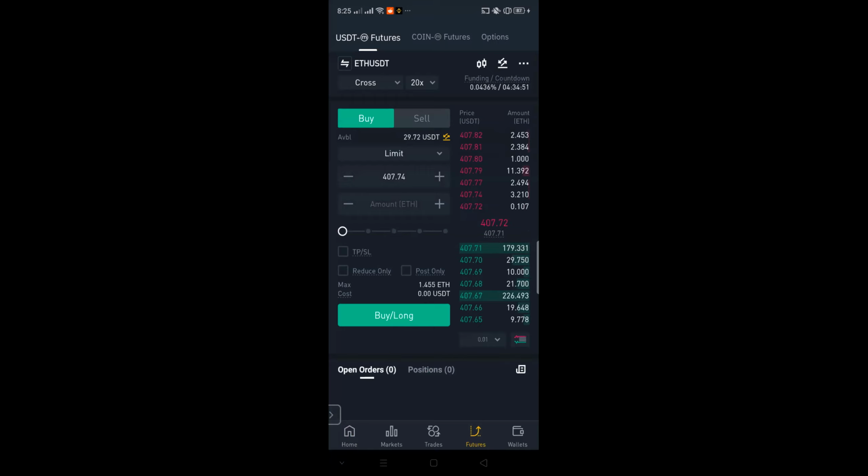Once you click on futures, it brings you straight to the futures USDT platform. When you look on top, you see the USDT-M futures. The next thing you see is the pair.